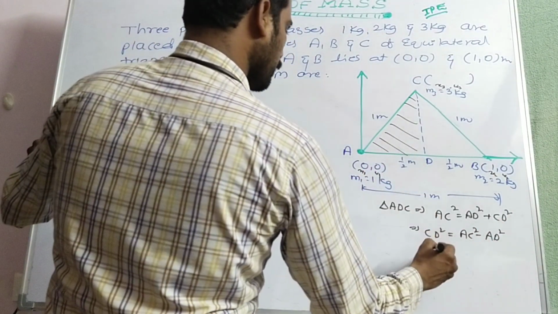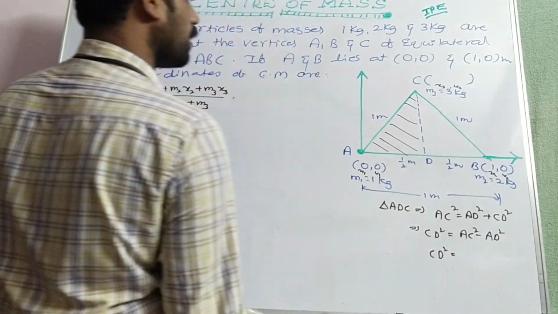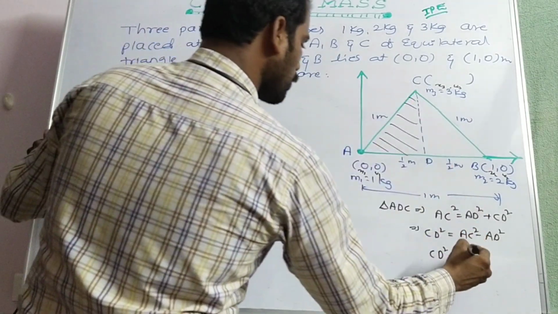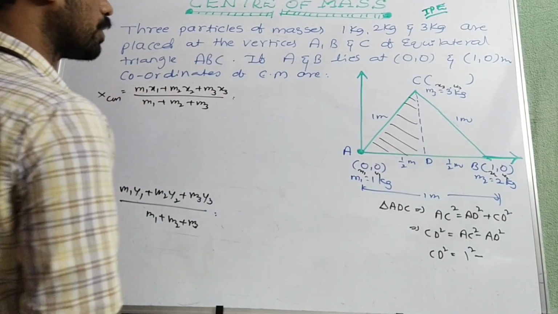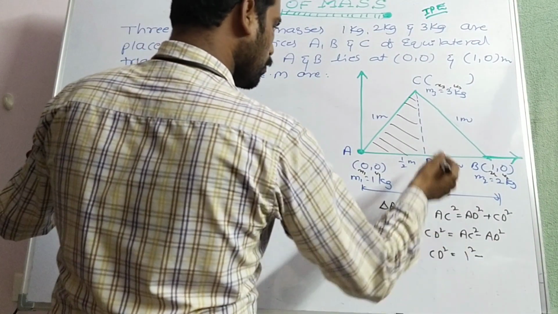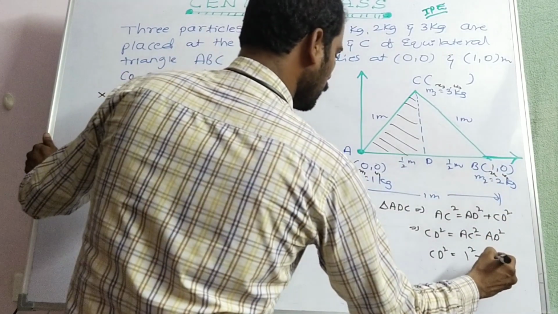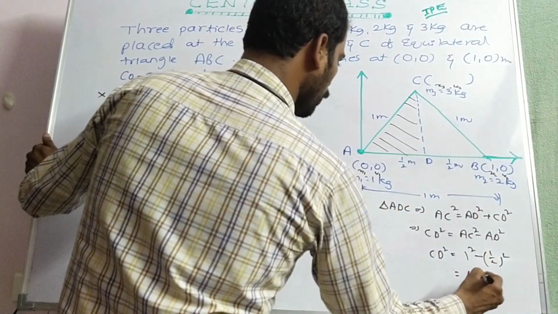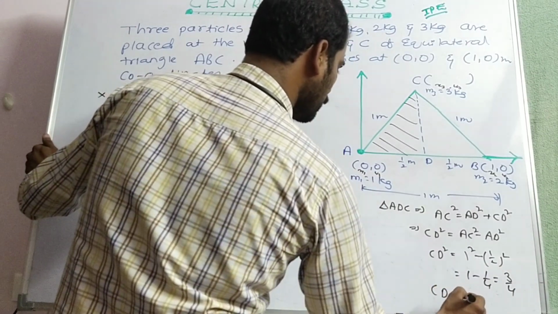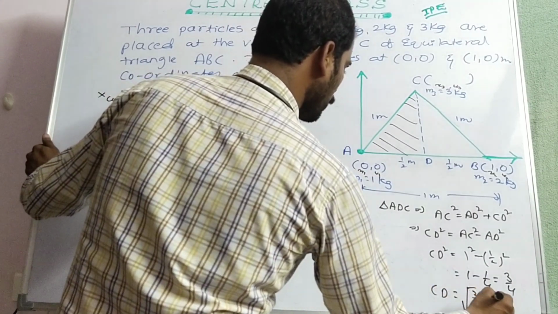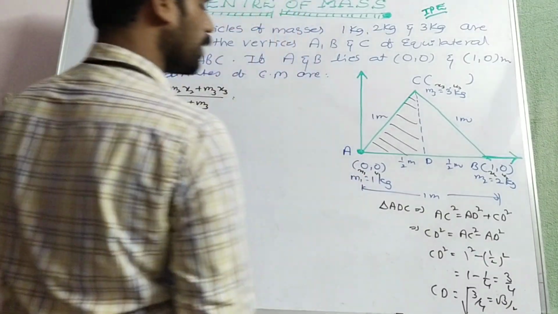AC square is nothing but 1 square minus AD square, and AD is half a meter, so half square. So 1 minus 1 by 4 equals 3 by 4. CD is equal to root of 3 by 4, that is root 3 by 2.